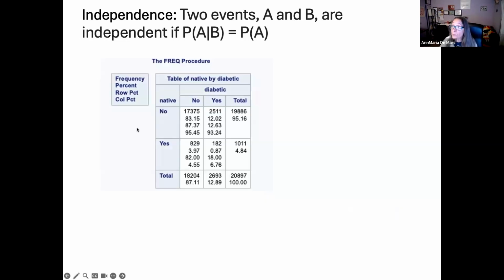Here I computed this myself today using the California Health Interview Survey from 2018, which surveyed almost 21,000 people. Out of those people, 12.89% were diabetic. So that is a probability of 0.1289.